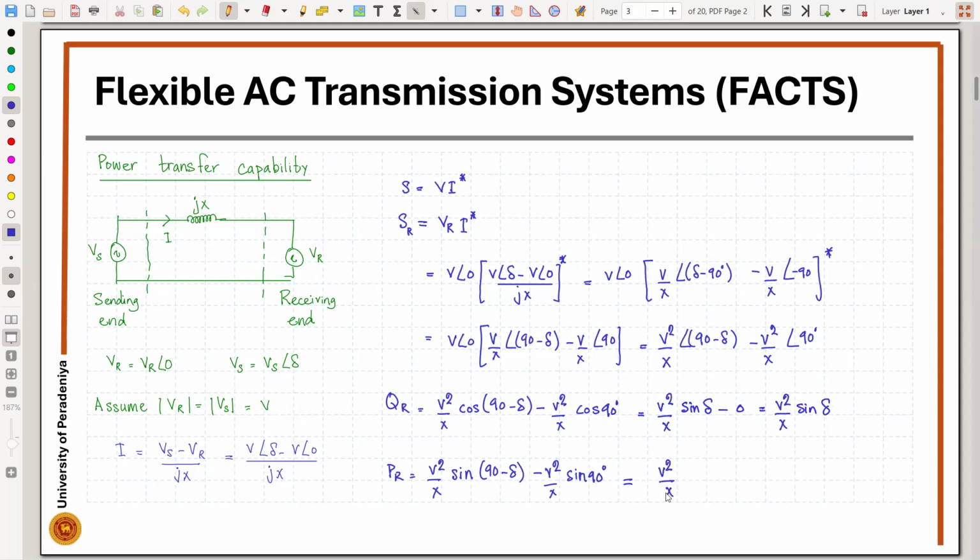And we would get V squared over X cos delta minus 1. So here we get the active and reactive power at the receiving end.